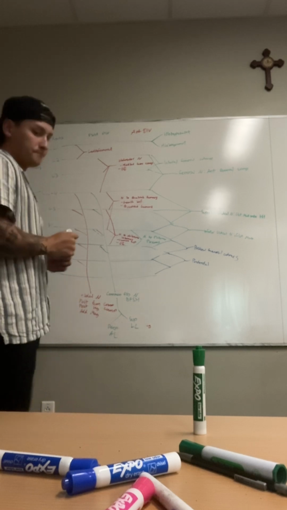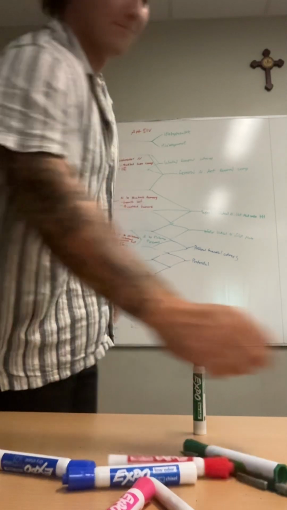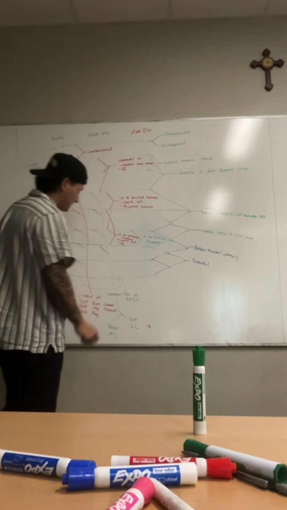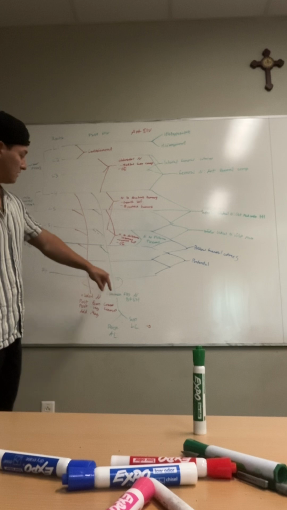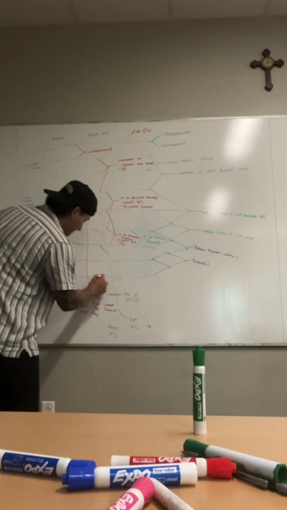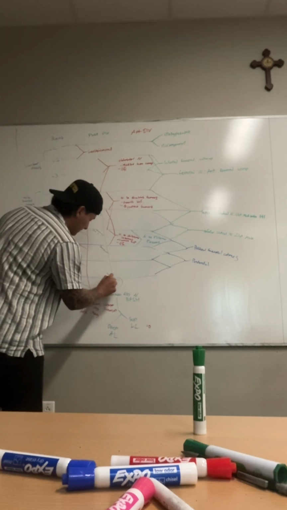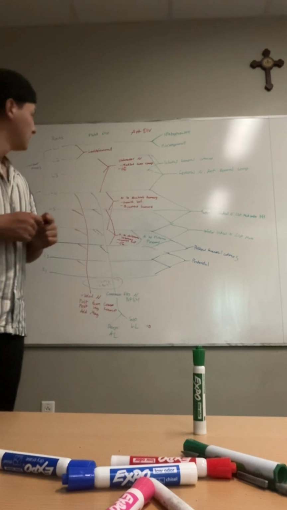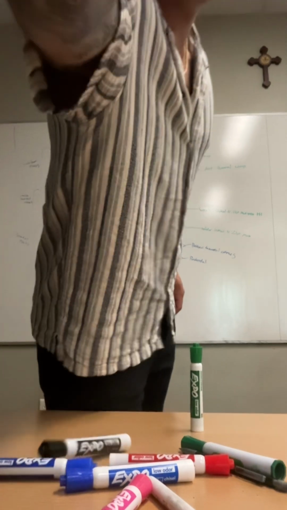And then sciatic nerve is a tibial nerve, fibular nerve, circle that, sciatic nerve, okay. A little out of order, but it's there. I don't know.